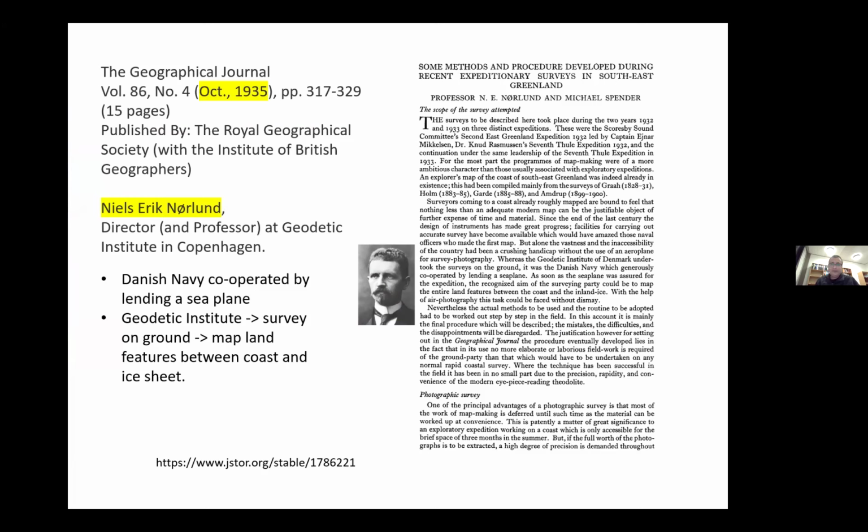And if we look at the text here, it says that the Geodetic Institute was conducting surveys on the ground while they got help from the Danish Navy. They lent a seaplane. So it was a combination of survey on the ground, but also aerial photos.